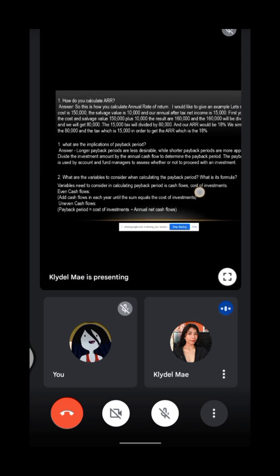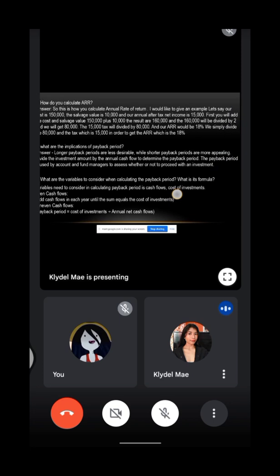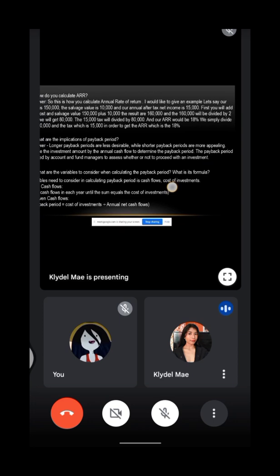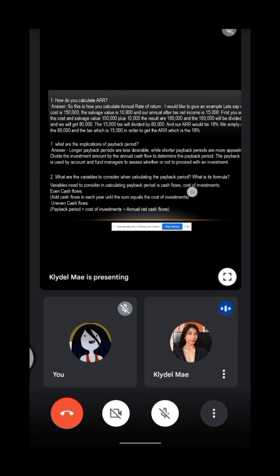The 15,000 net income will be divided by 80,000, and ARR will be 18%. We simply divide the 80,000 and the net income, which is 15,000, in order to get the ARR, which is 18%.